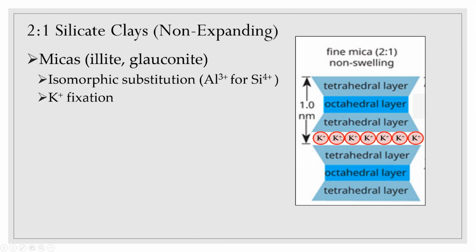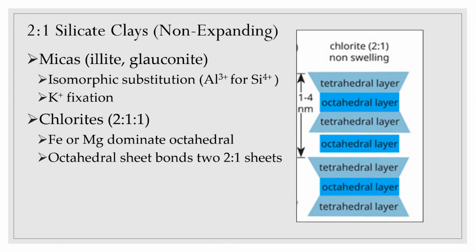When you do this on the quiz or on the exam, this one should be a dead giveaway. It's the one that has the potassium in it. Mica's K fixation. We also have chlorites, and the thing about the chlorites is we're going to have our Oreo and our Oreo, and we're going to have an octahedral layer that kind of comes in and again takes away the outer charge on the outside of this tetrahedral layer on both sides of those.